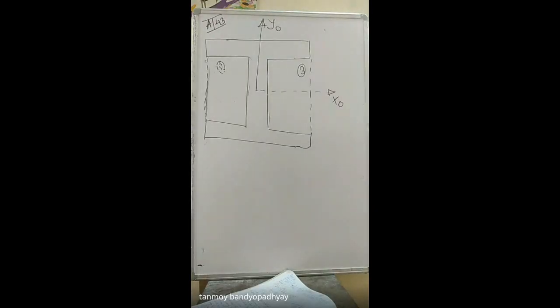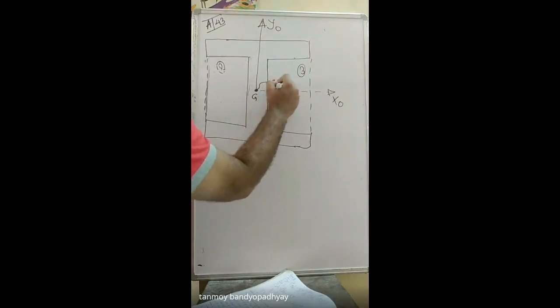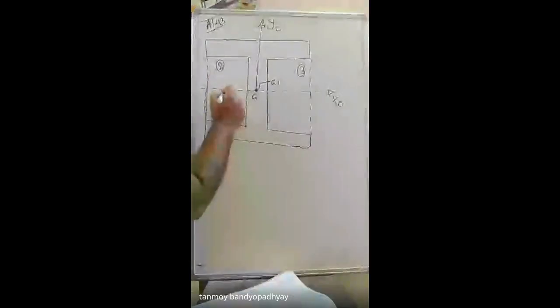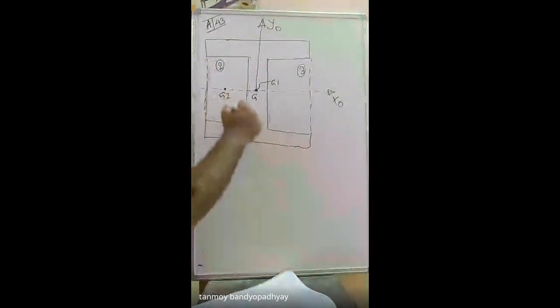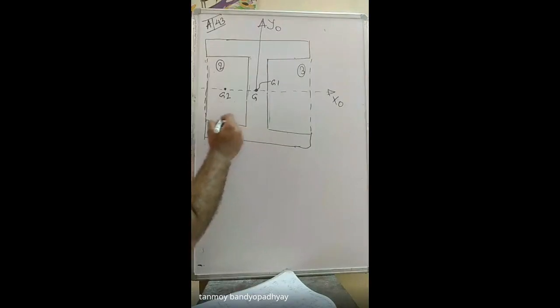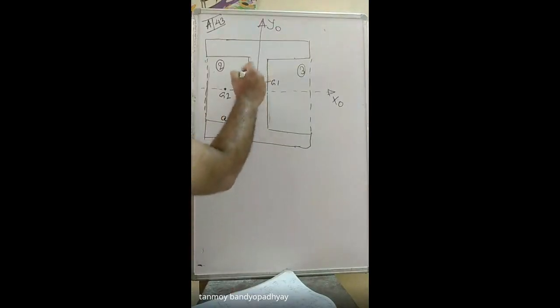Now if you consider the individual sections, the first section is the rectangle, so its centroid will be G, and this will also be G1. For rectangle number 2, its centroid will be here, G2. It's a rectangle, and this one was 4a, so this much will be a, this length is a, this length is a, so it's 2a.